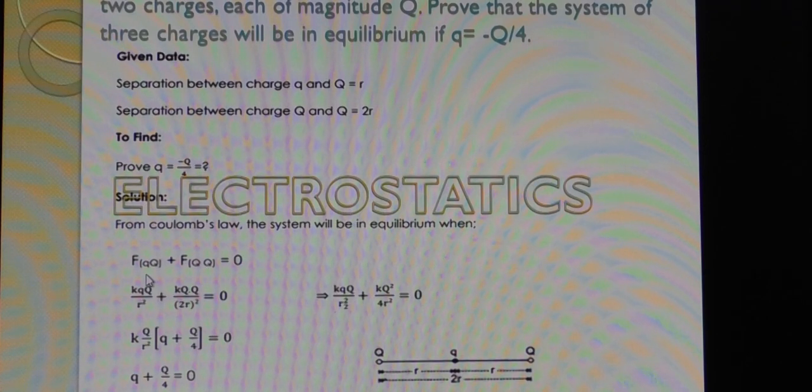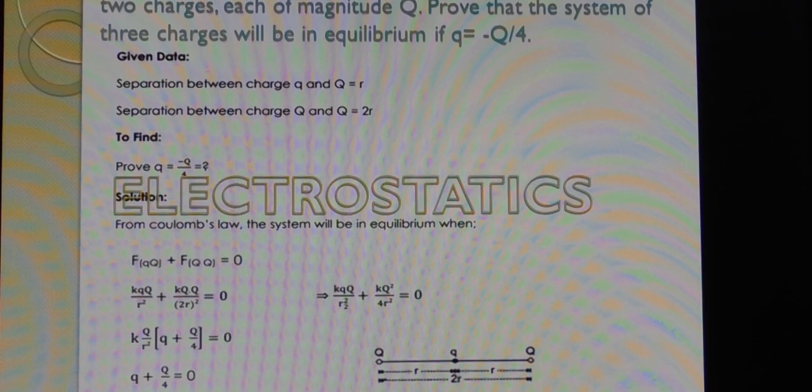So by Coulomb's law, put the value of the force on small q due to capital Q. It would be k small q capital Q over r square, alright, plus the force. We are applying here Coulomb's law again. So that would be k, the first charge capital Q, the second charge capital Q again, and what is the distance? 2r whole square. Alright, here comes this equation.